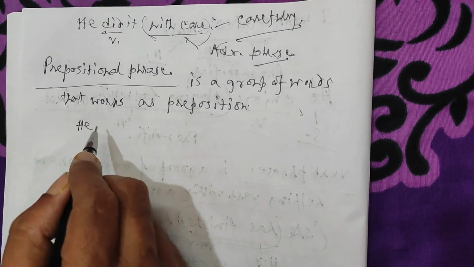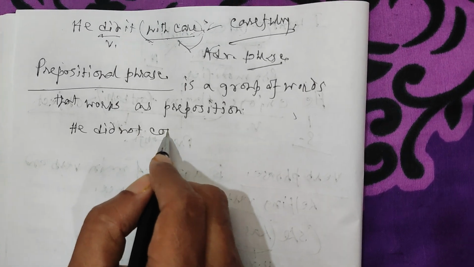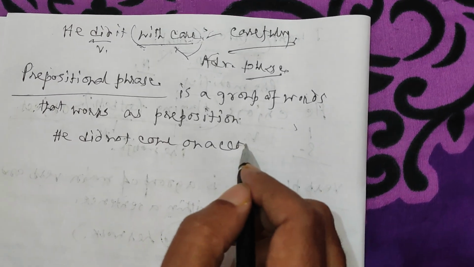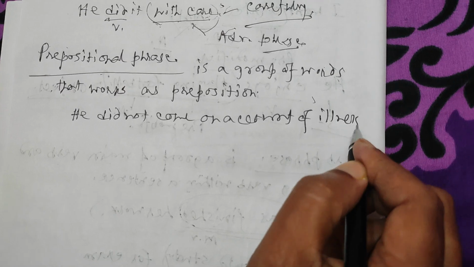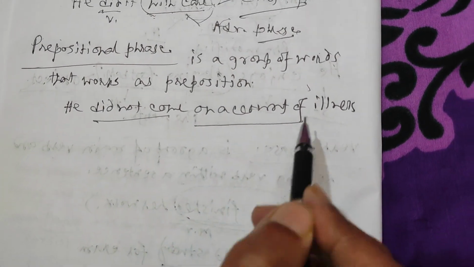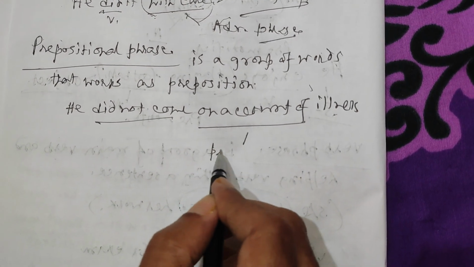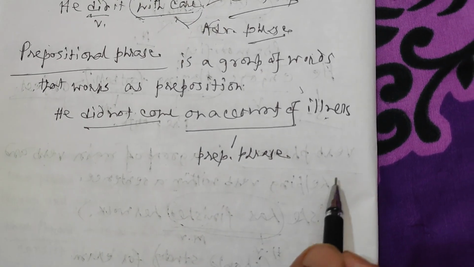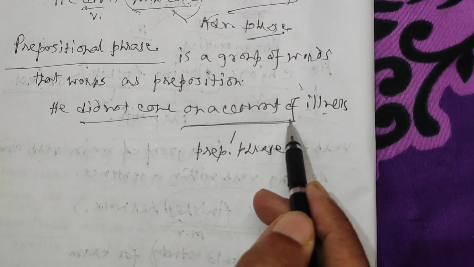Suppose he did not come on account of illness. He did not come on account of illness. Here on account of is a prepositional phrase.